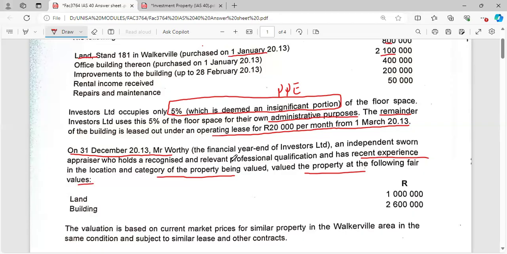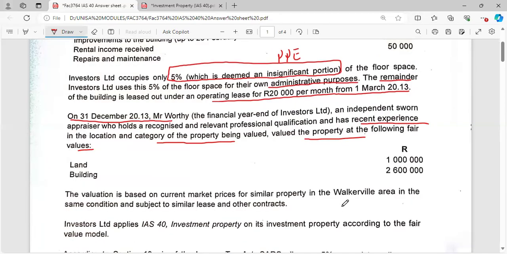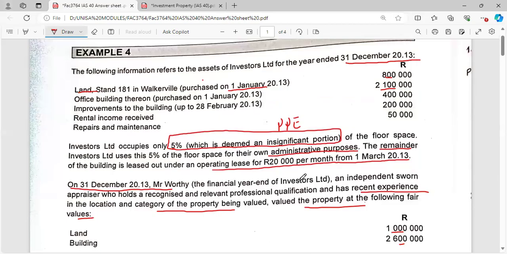So these are the fair values of the investment property. So we have our subsequent measurement on 31 December. We have our initial measurement here. So this is going to be our initial measurement.